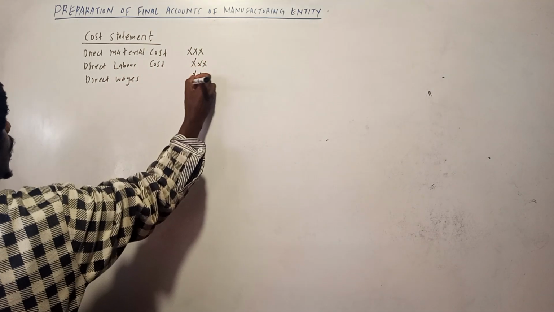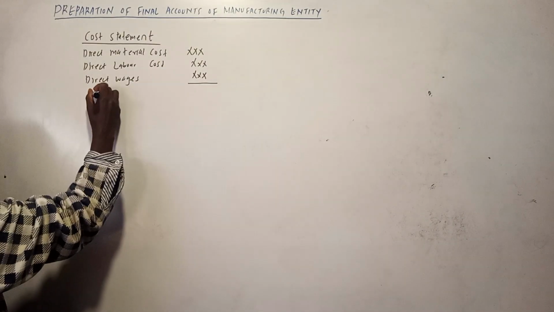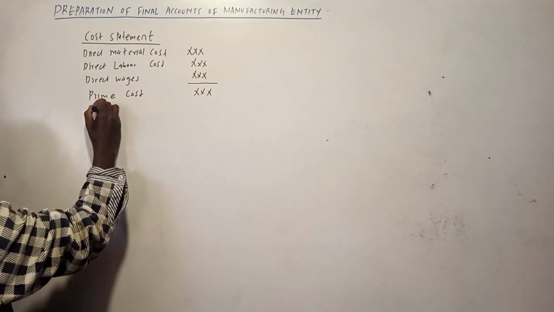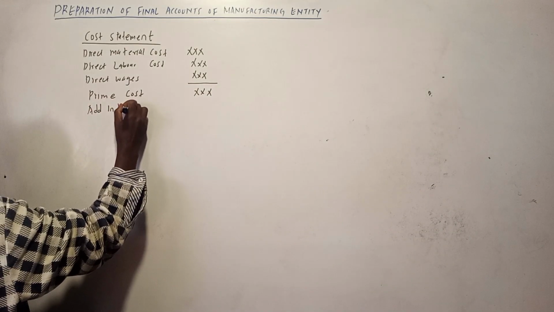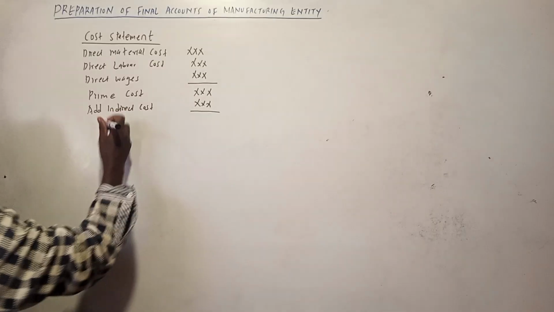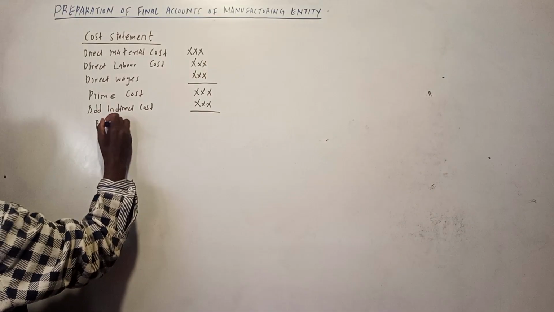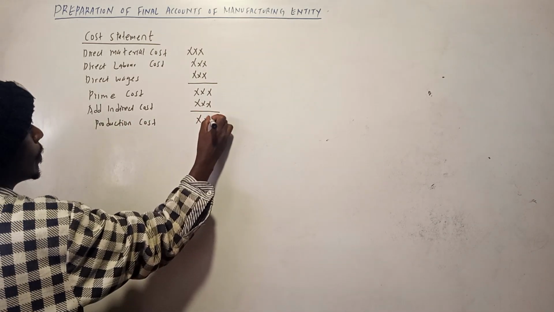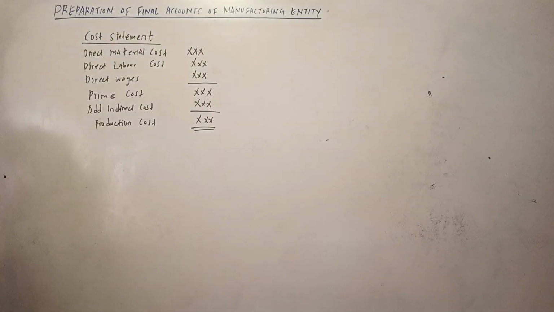Then when you add them together, you get the prime cost. Then you add the indirect cost, and then we shall get what we call the production cost. Now, this is just a simpler cost statement that any company can maintain. So this is just a simpler format.